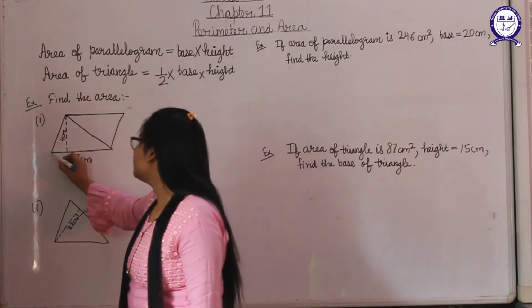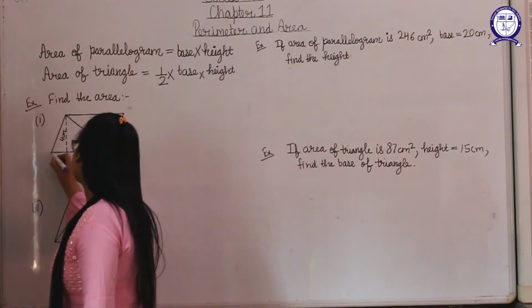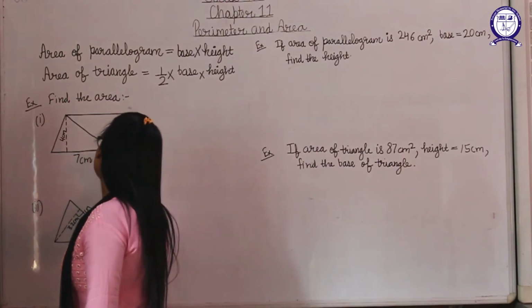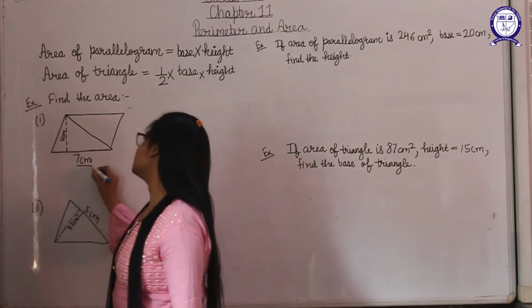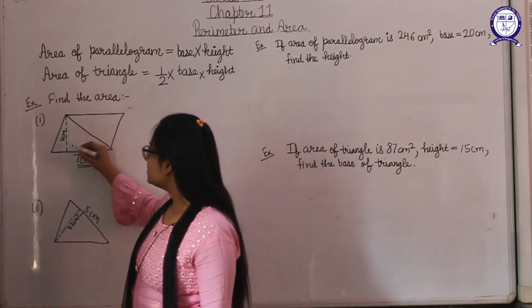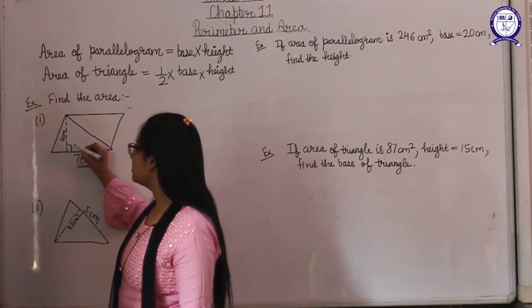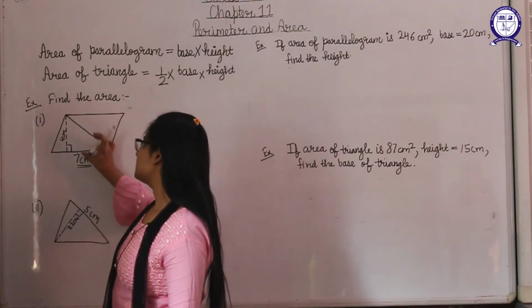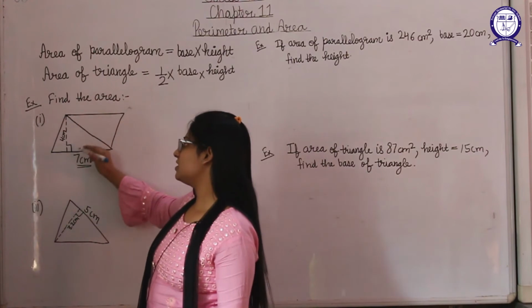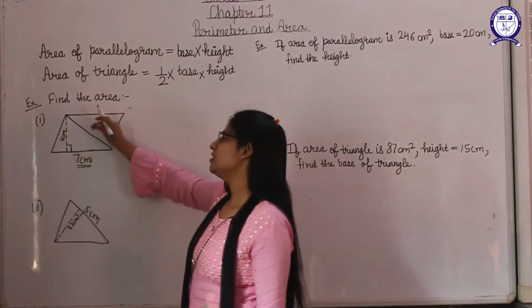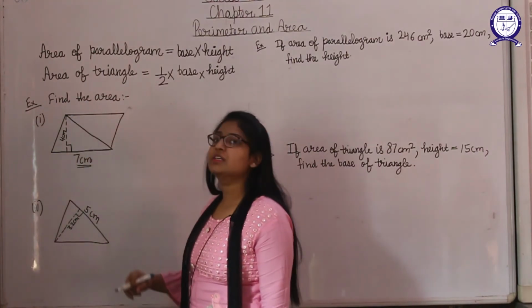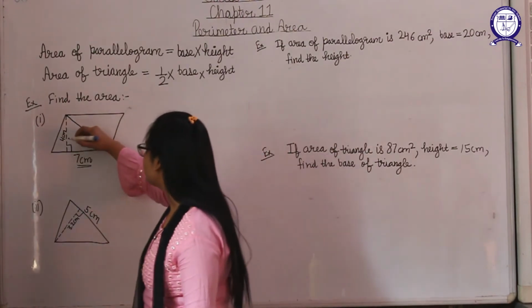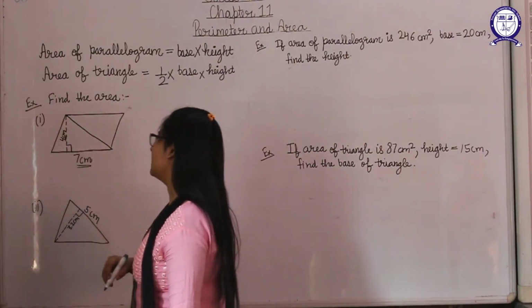Now if we consider this as the base, from here to here, this 7 centimeter is the base, okay, and this height is perpendicular. The line which is perpendicular to the base, or at 90 degrees to the base, will be considered the height. So here this 4 centimeter is the height.